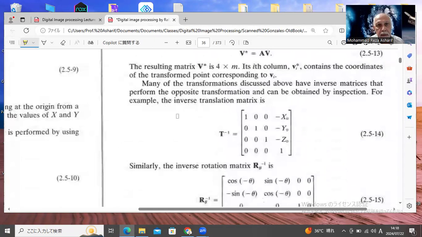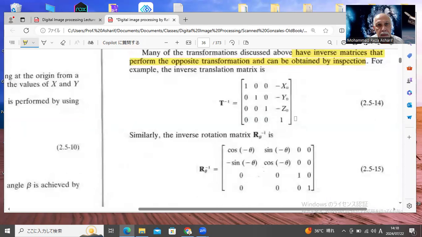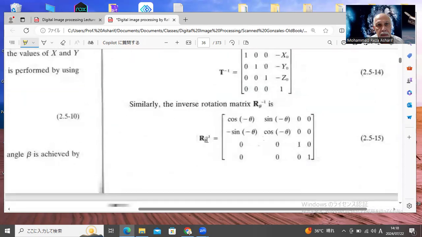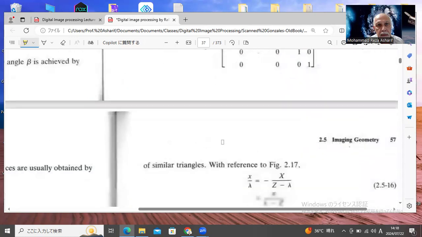Many transformations discussed above have an inverse matrix that performs the opposite transformation and obtains the original object, obtained by inspection. For example, the inverse translation T inverse is like this, or the rotation inverse is like this.